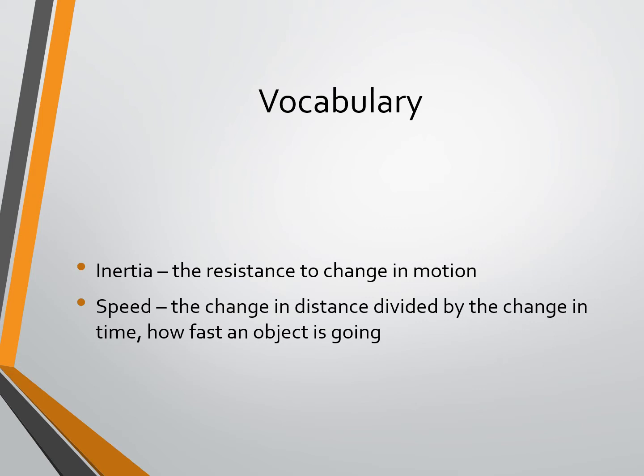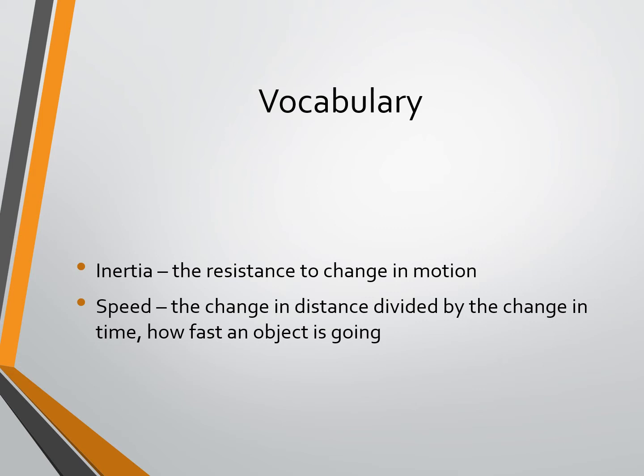You can probably move your phone around with relative ease. However, if you try to move your refrigerator, you're going to have to put in more effort. So they have different amounts of inertia because of how easy or hard it is to get the object to move.